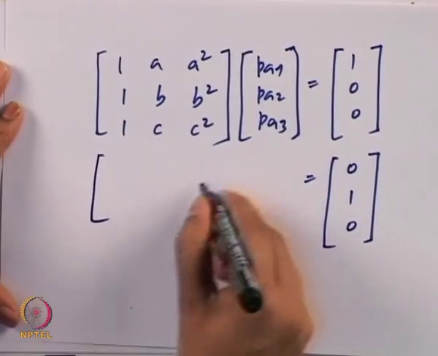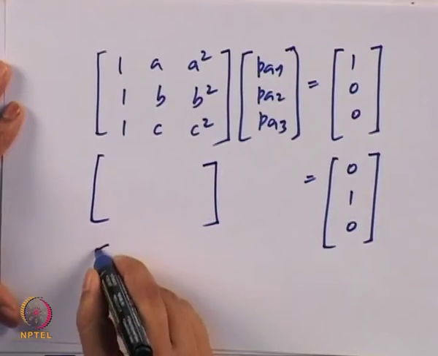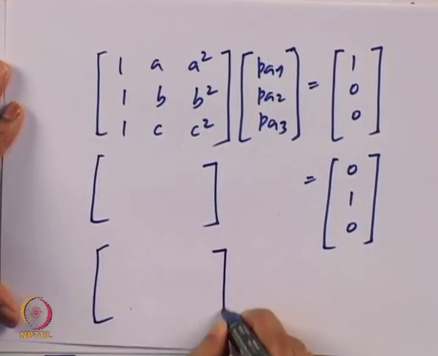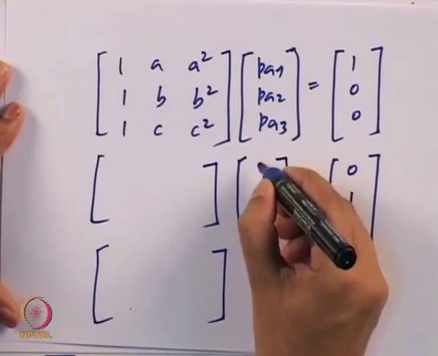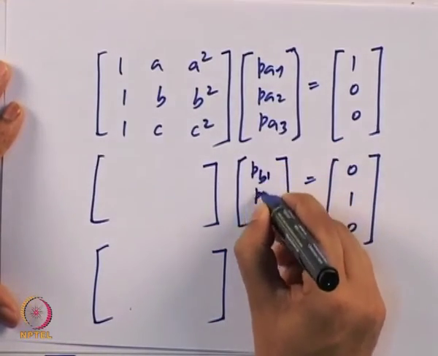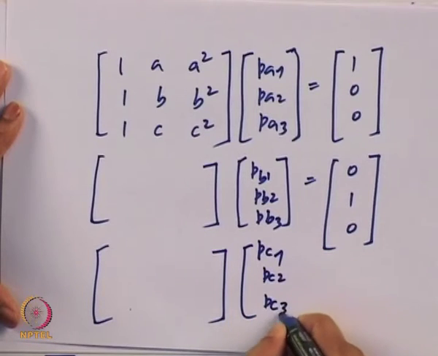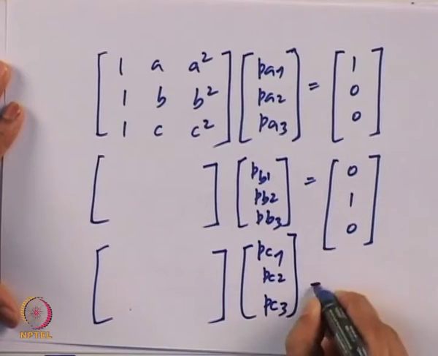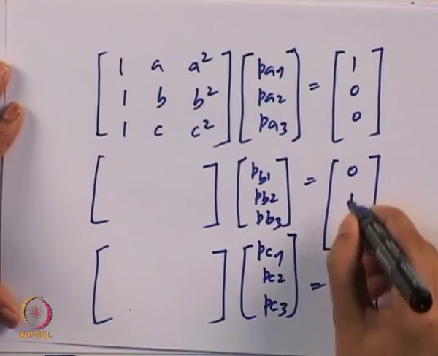So the first term, the first matrix will be the same for all the three. The only thing that is going to change is instead of PA1, PA2, PA3, it will be PB1, PB2 and PB3, and similarly PC1, PC2 and PC3. 0 0 1.